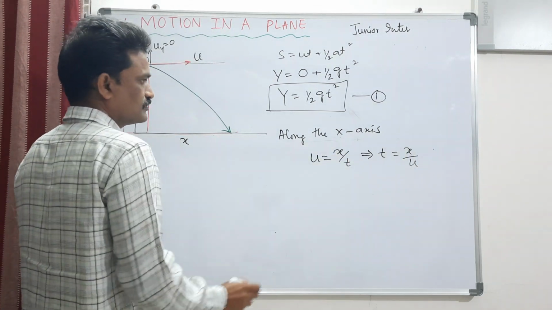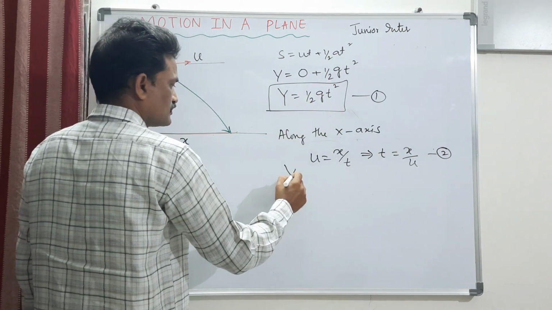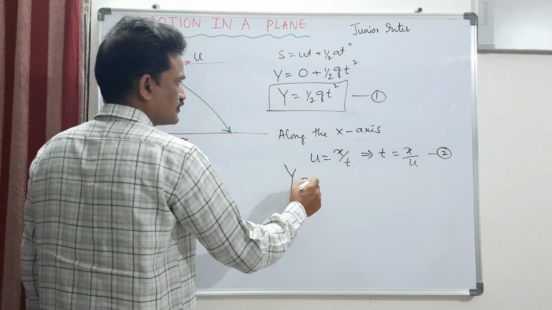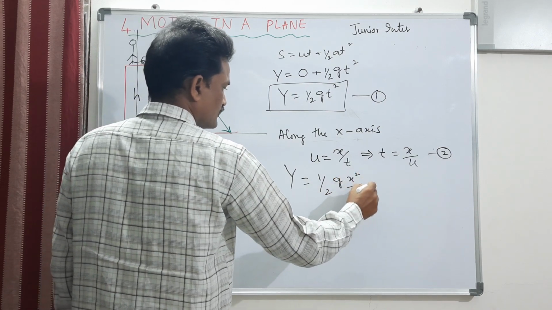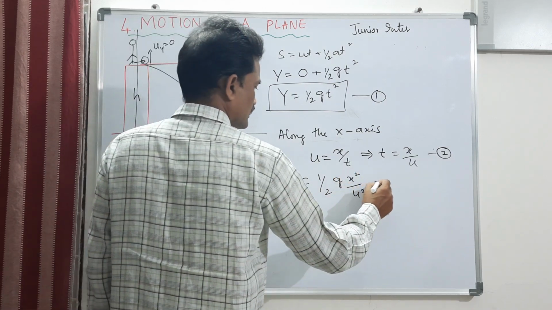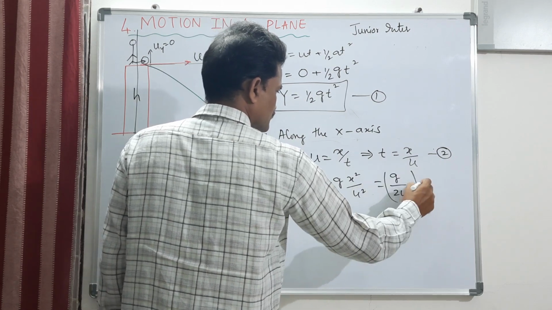This is equation number 2. If you substitute this in the first, y is equal to g x square by 2u square. So I can write it as y is equal to g by 2u square times x square.